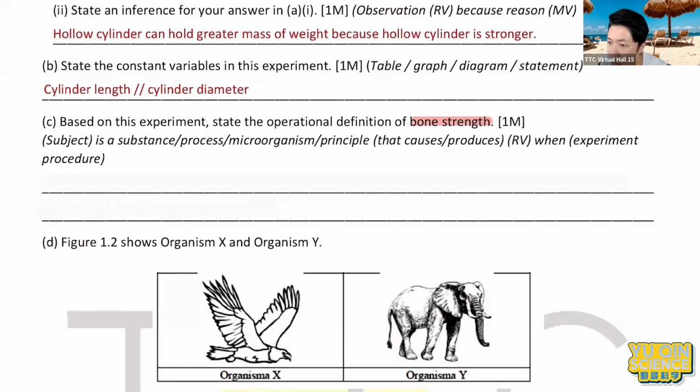Certain condition that can cause heavier mass of weight to be withstood.